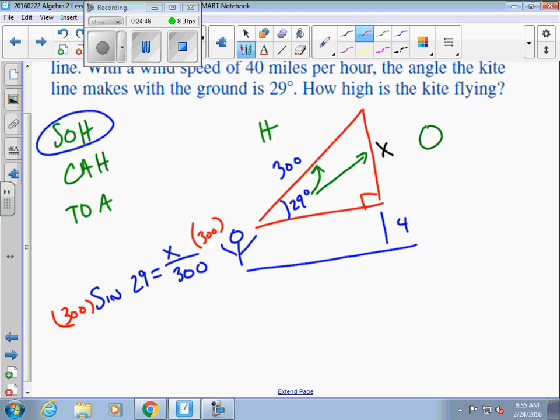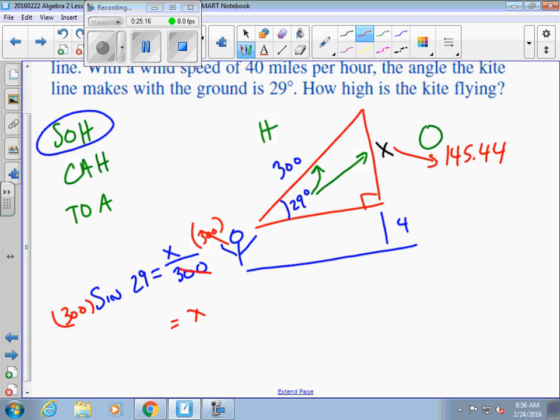So that'll give us x all by itself, and it'll tell us how high that triangle gives us, and then we just simply have to add 4 feet to it. So 300 times the sine of 29 degrees. We get, for our x value, 145.44 feet.